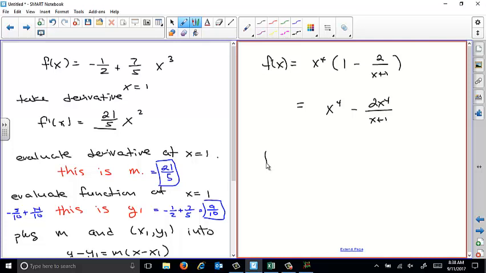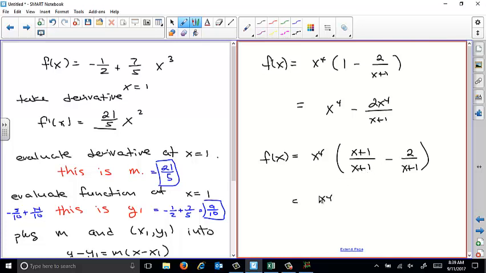The other option is to combine the 2 fractions here. So you'd end up with x plus 1 over x plus 1 minus 2 over x plus 1. So I've just changed that to get the same denominator. And if you combine these 2, you're going to get x plus 1 minus 2.